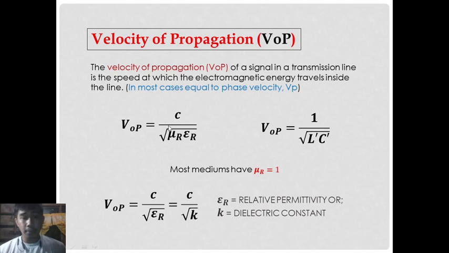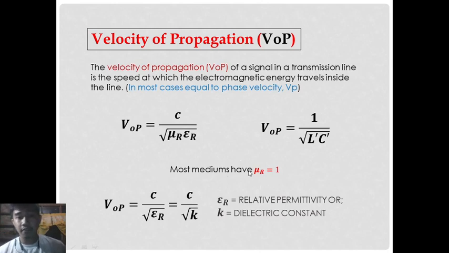The velocity of propagation is equal to the speed of light divided by the square root of the relative permeability multiplied by the relative permittivity. It can also be calculated as 1 divided by the square root of the prime inductance multiplied by the prime capacitance, L prime C prime.